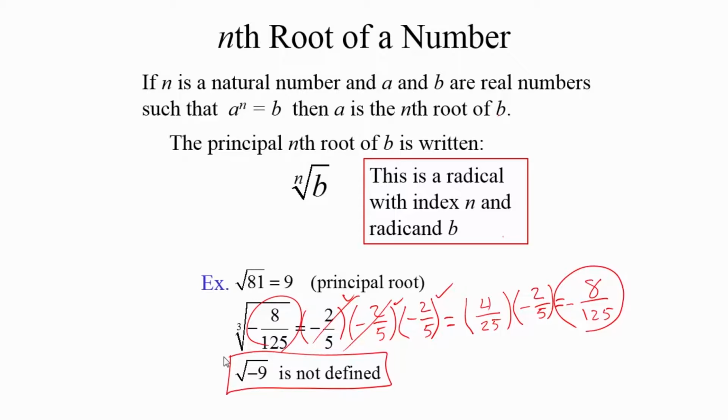As a matter of fact, not just the square root of a negative number does not exist, an even root of a negative number does not exist. So a fourth root of 16 is fine, but a fourth root of minus 16 also does not exist. An odd index is okay for a negative radicand, but the index cannot be even.